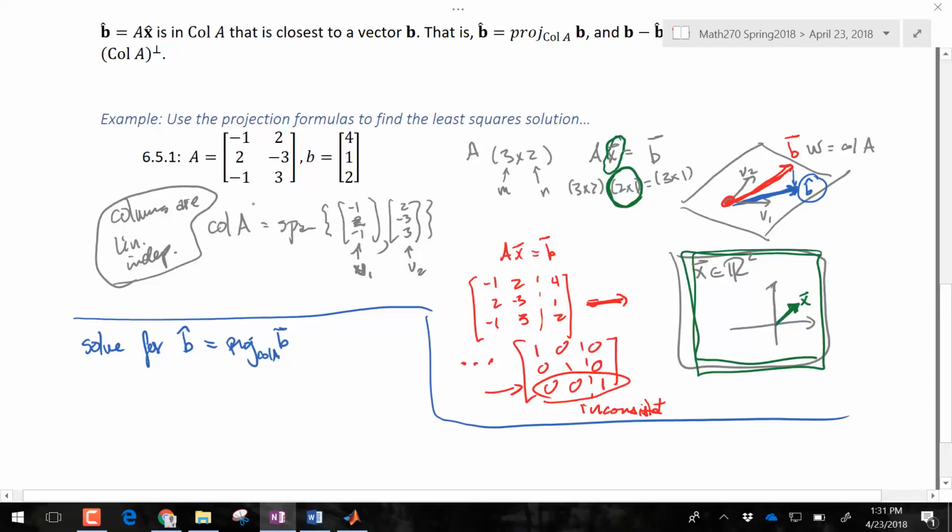Yes, we need to do it for each column. So we've got V1 and V2.